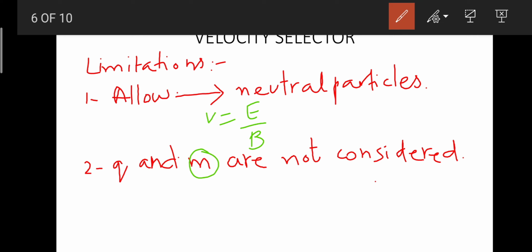Any heavier atom, like suppose there are helium ions or hydrogen ions, whatever charged particles are there, or the neutral particles as well, they will move through that window. These are the limitations which can create some problem for us when it comes to this velocity selector.